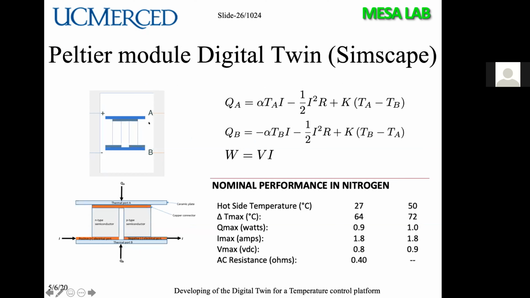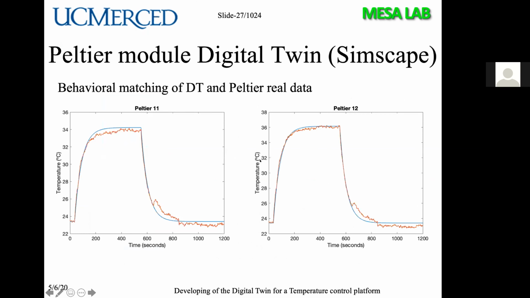For the parameters of the Peltier, we use this equation that appears in MATLAB to simulate this device, and we found the Seebeck coefficient and the thermal conductance of the device using the parameters that appear in the data sheet. Obtaining these values, we simulate the system and obtain this result using the same data that we used to simulate the MIMO system.